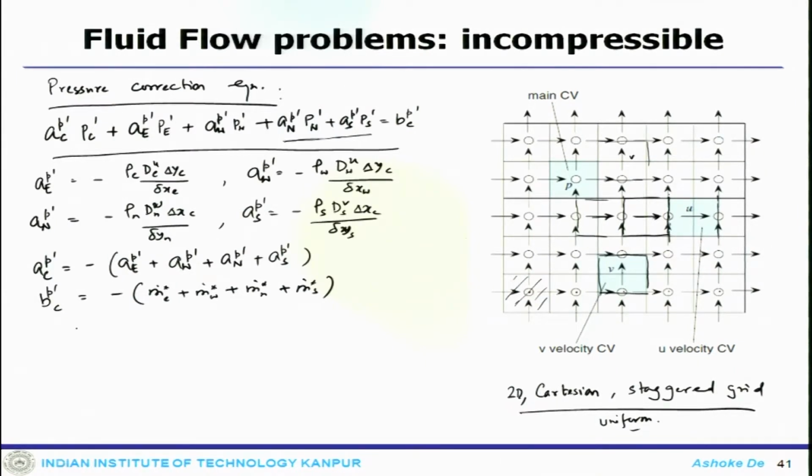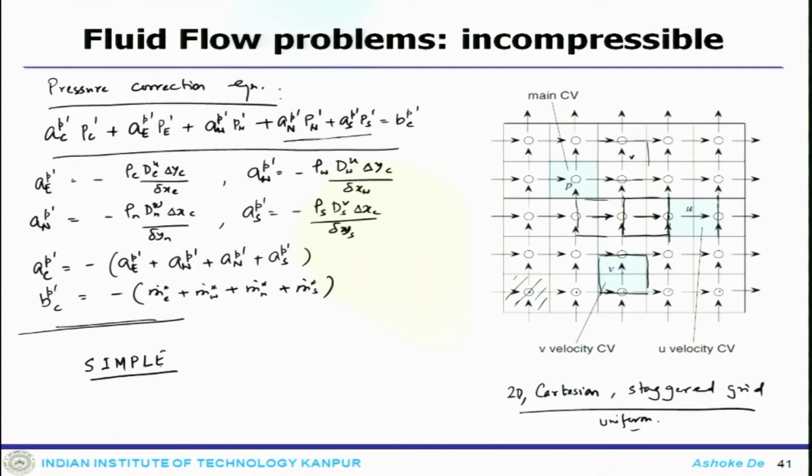Now, once you get the pressure correction equation, you have to solve it in a similar way as in the SIMPLE algorithm. So, you can still apply the SIMPLE algorithm and solve in a similar fashion.